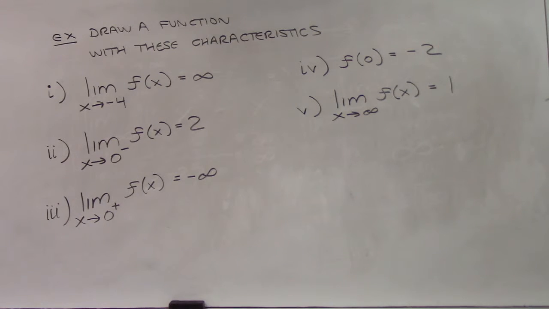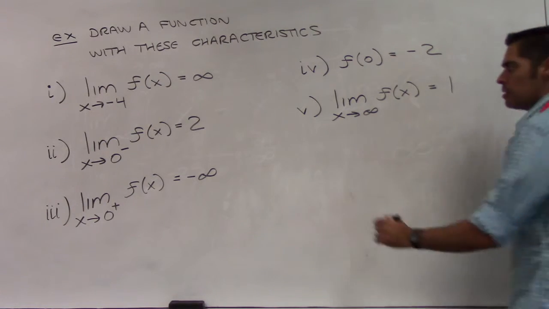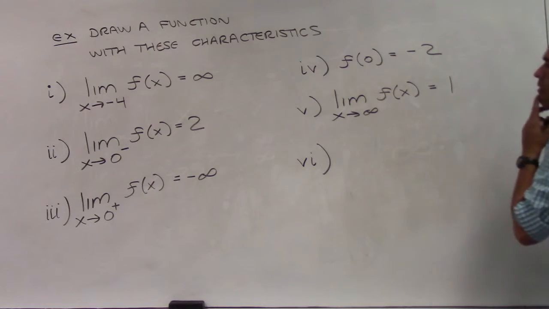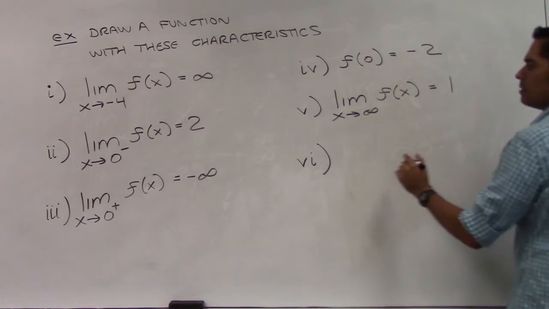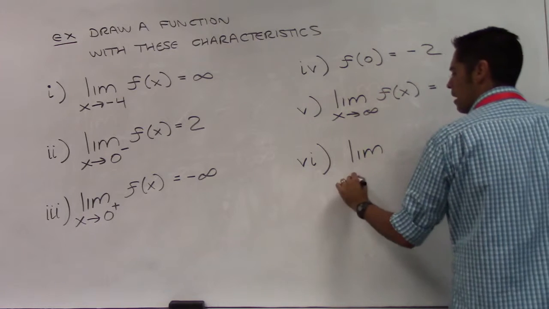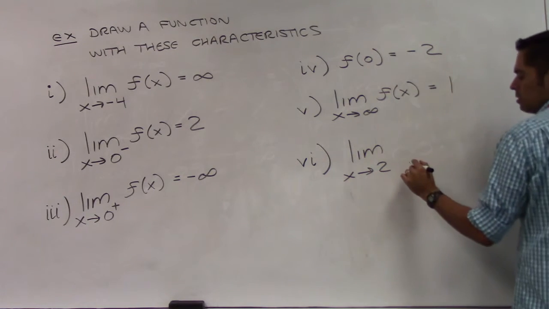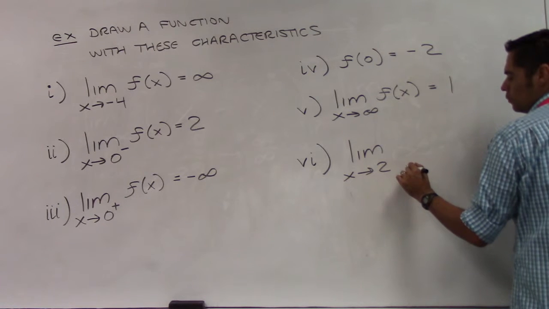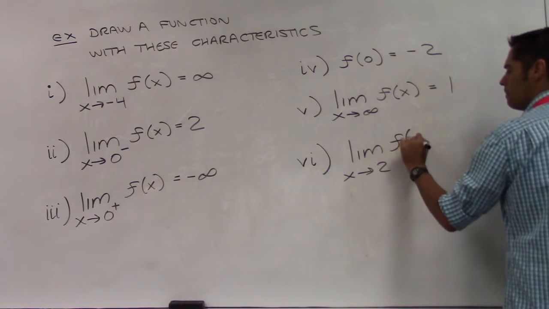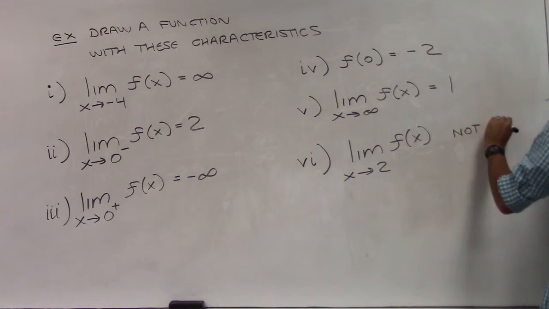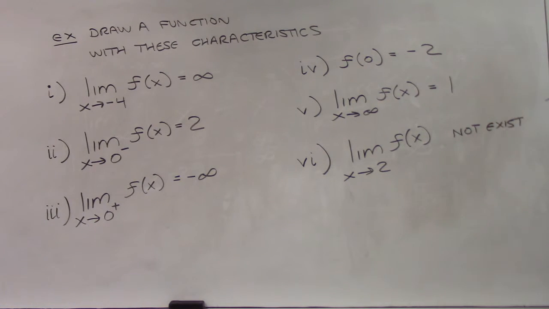Is this a quiz? No, we're going to go through this. I'm just writing out all the things I want it to look like first. And then I want the limit as x approaches 2 of the function to not exist. There we go.